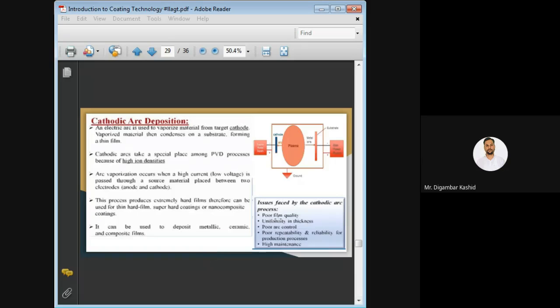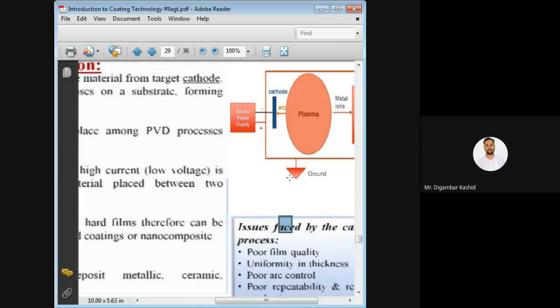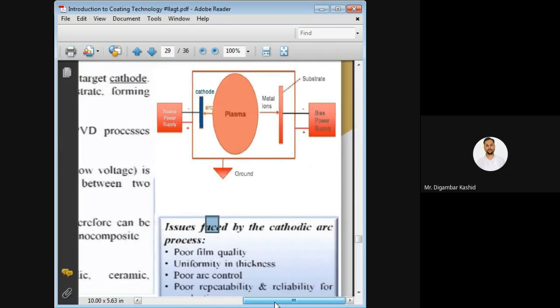Over there you can see a diagram. So here you are using some kind of cathodic material.